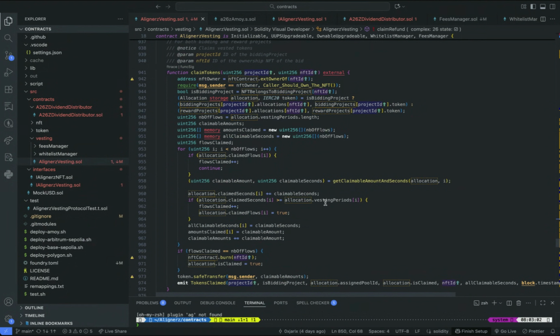And here it's the claim tokens function. He will be able to claim all the tokens he's allowed to at a given time, for the time being.